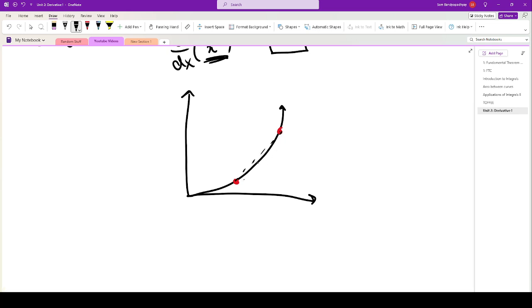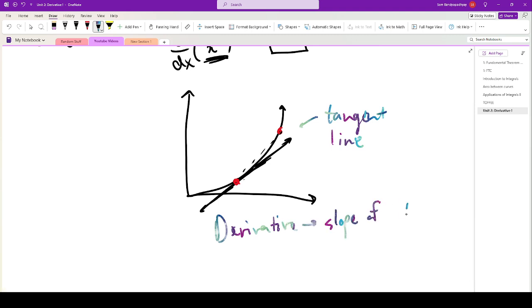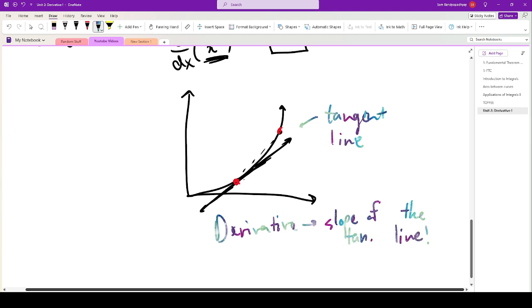So when this collapses onto here, we're taking the slope of the line that only touches this function at this very point that we're looking for the slope at. So this is going to be your tangent line. So the derivative can also be interpreted as the slope of the tangent line.